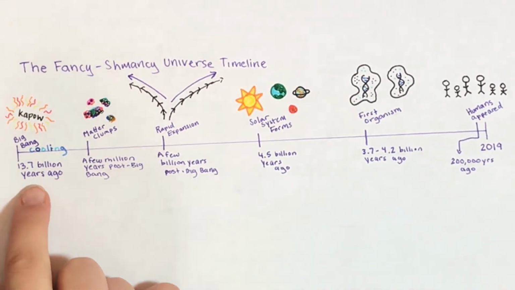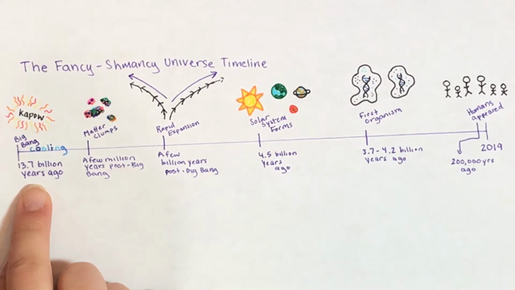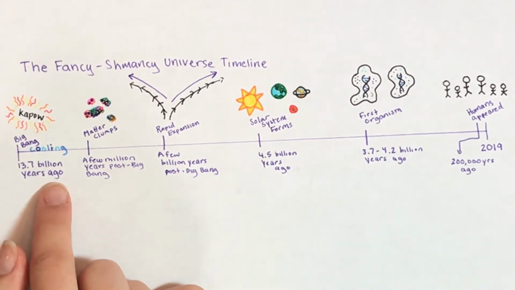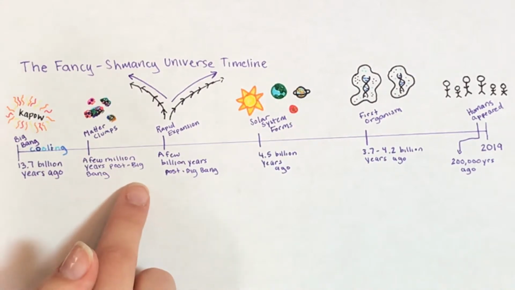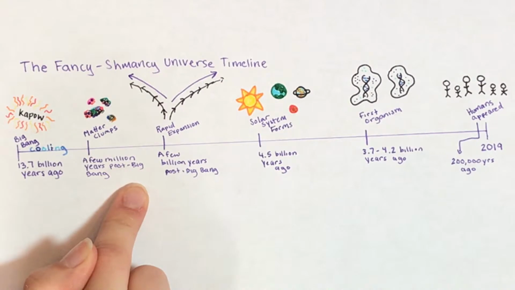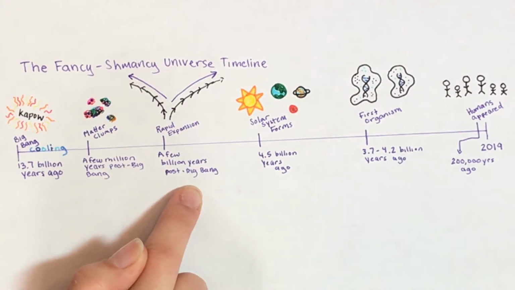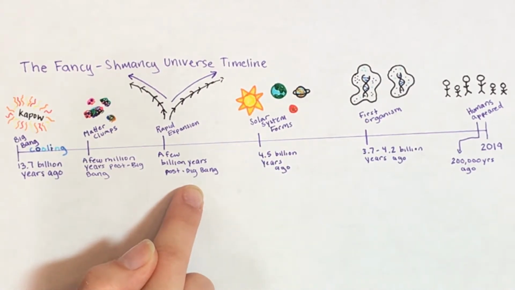So 13.7 billion years ago, our universe was created with the Big Bang, and after that, a period of continuous cooling began. A few million years after the Big Bang, matter began to clump together and form masses in the universe. A few billion years after that, rapid expansion of the universe continued, and that process is still going on today.